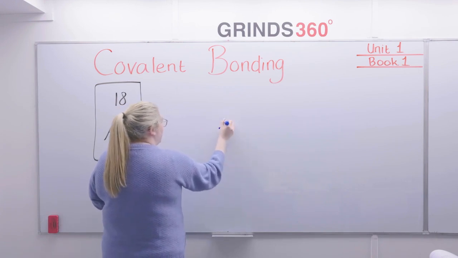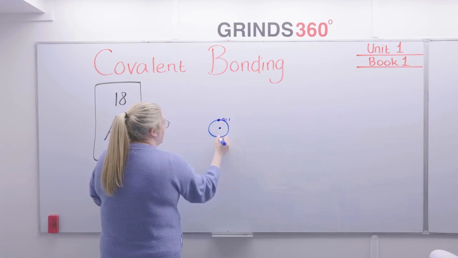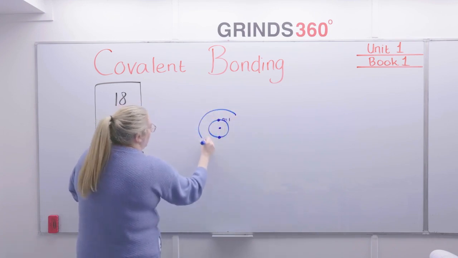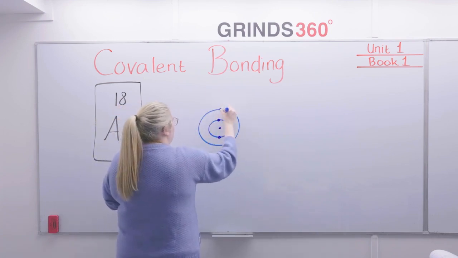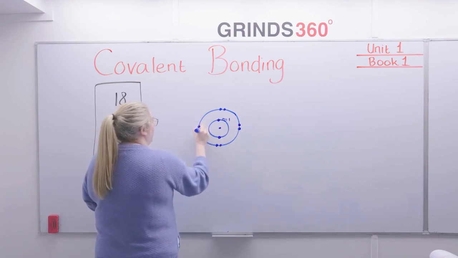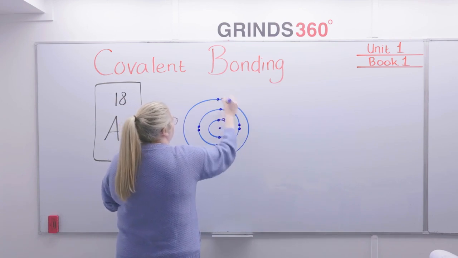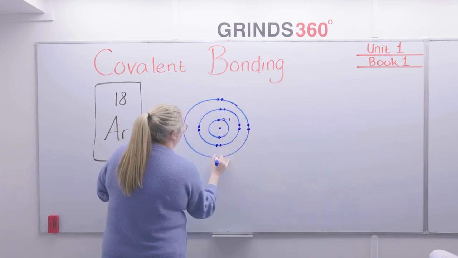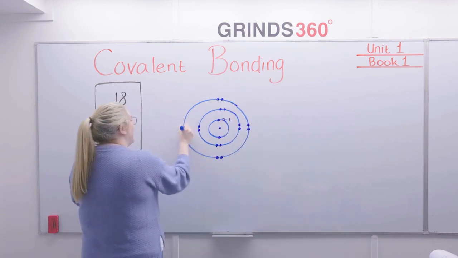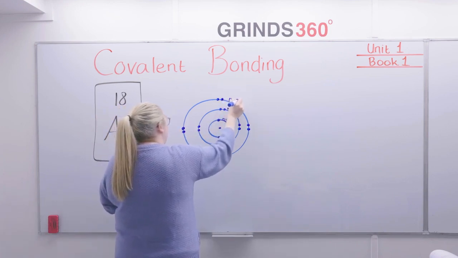Here's my nucleus. N is equal to 1, we'll have 2 electrons. N is equal to 2, we'll have 8. N is equal to 3, we'll have 8. So your group 18 elements already have a stable outer octet.